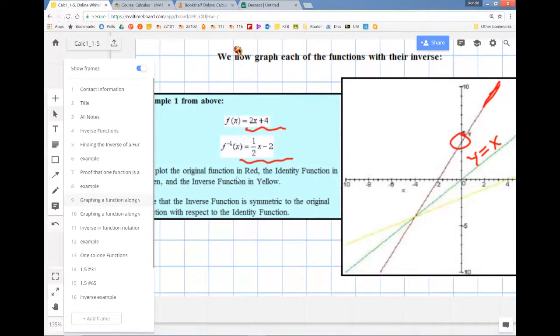And you notice if you put the identity function on here in green, y equals x, it becomes the perfect mirror line for those two functions. So an inverse is always the mirror image of its original function with respect to the identity function.